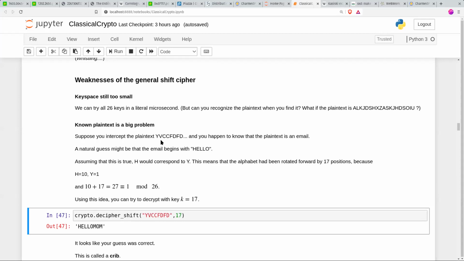Like when you're doing TCP packets, often the first thing in a TCP packet is some kind of header information. When it's an email, the initial word is probably hello or dear or something like that. So when you have some guess about what part of a message might be, that's called known plaintext.